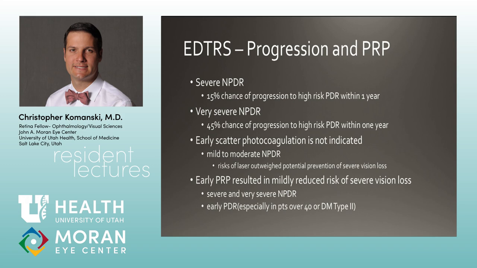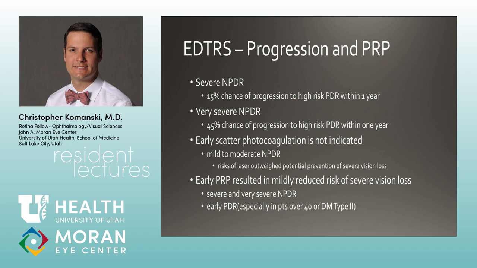We used to use this data a lot more before the age of anti-VEGF, when you had eyes with very severe NPDR. You can certainly justify initiating PRP before they develop proliferative retinopathy because of their risk. Again, that partly depended on the individual, the follow-up likelihood, et cetera. Or if they already had PDR in one eye and the other eye had severe or very severe NPDR, we would often initiate treatment in the fellow eye.